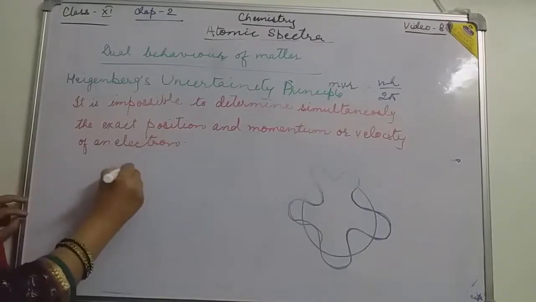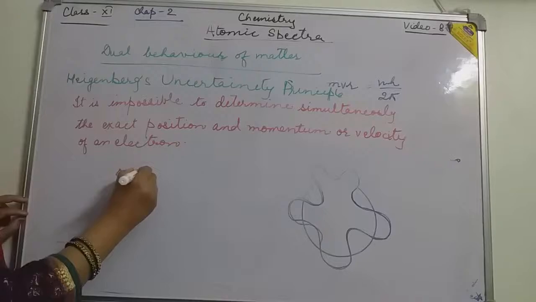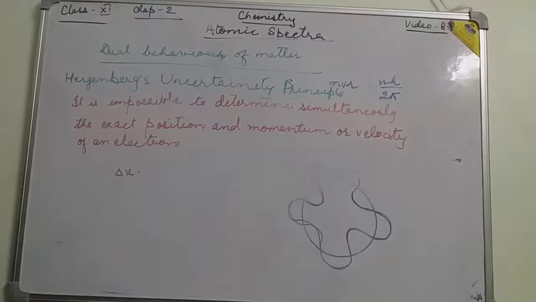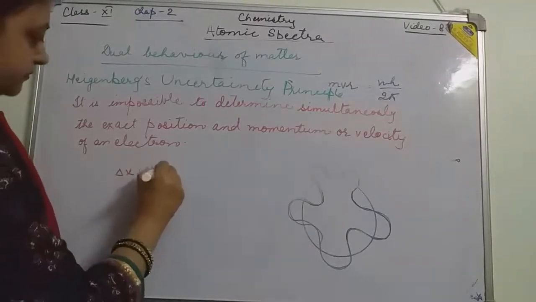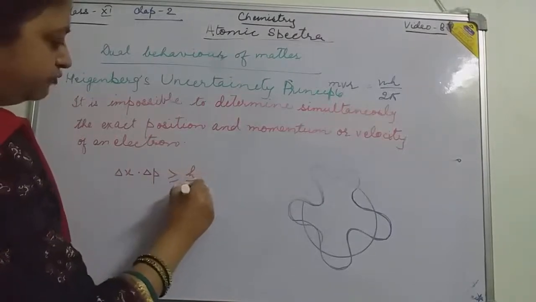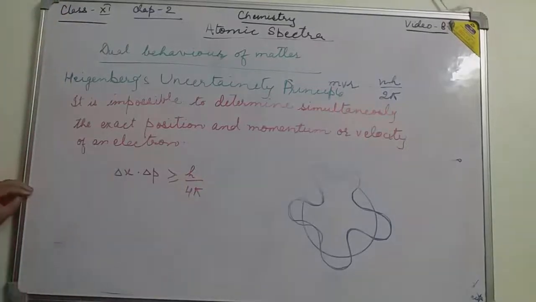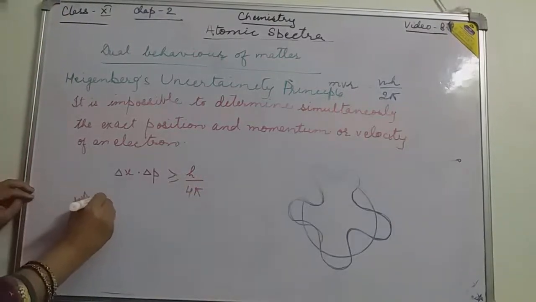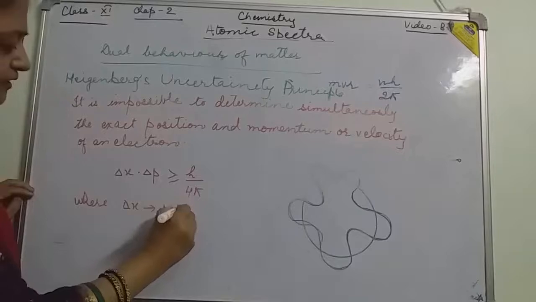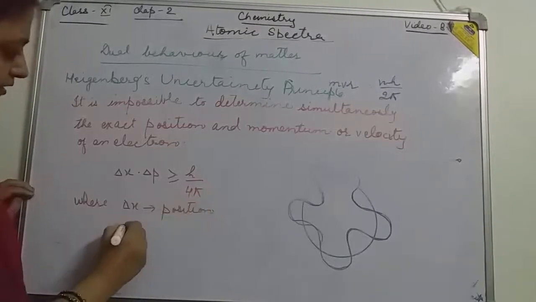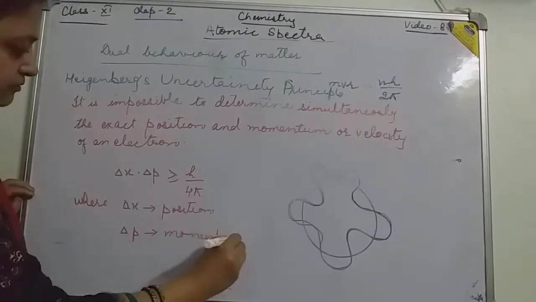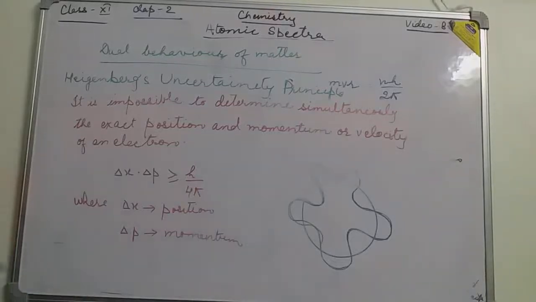The position is denoted by x, and the momentum of the electron is denoted by p. The product of delta x and delta p is always equal to or more than h by 4 pi, where delta x is the position of the electron and delta p is the momentum of the electron.